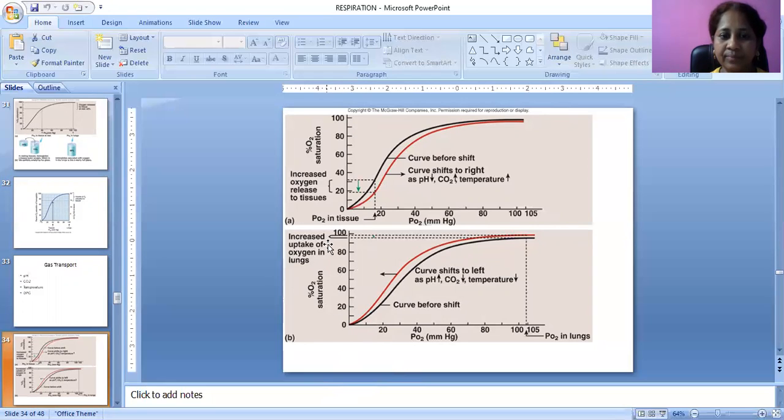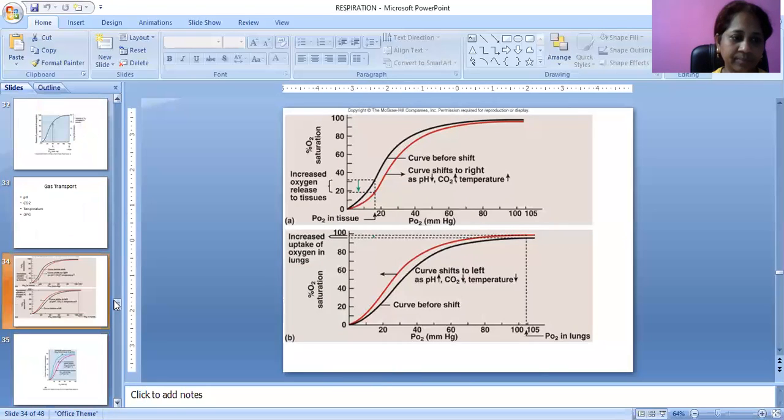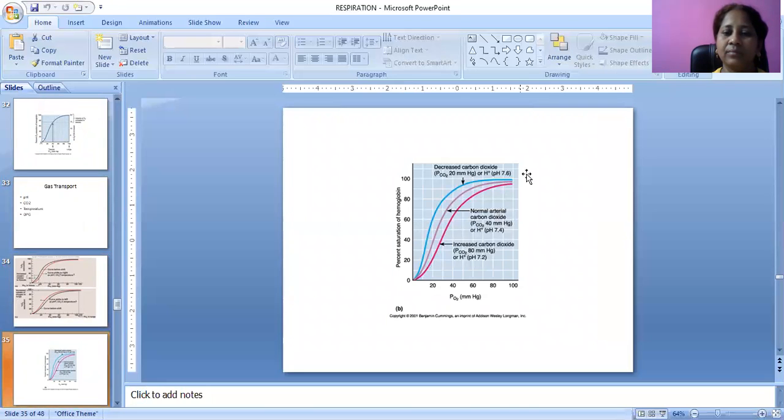Here, increased uptake of oxygen in the lungs. Decreased carbon dioxide, normal arterial carbon dioxide, that is 40 mmHg, and increased carbon dioxide 80 mmHg. How the graph goes, we can see here.